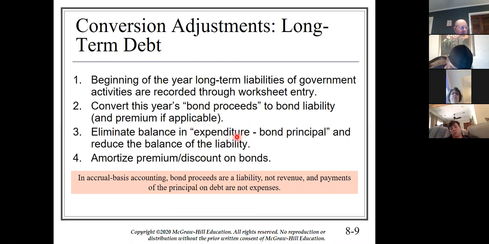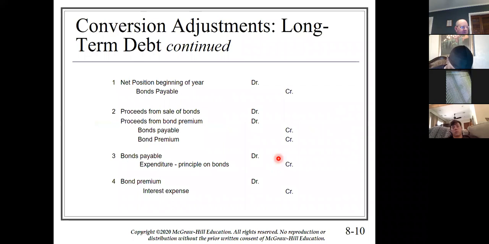Then if they paid back any bonds, or other long-term debt, they eliminate the account that says expenditure bond principal and then reduce the liability balance. And then they amortize premium or discount on bonds. So the entries for those four things would look like this.